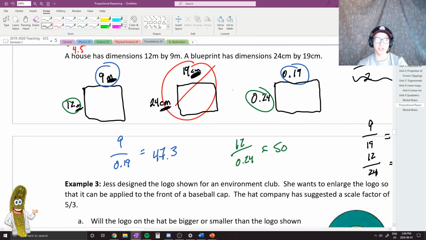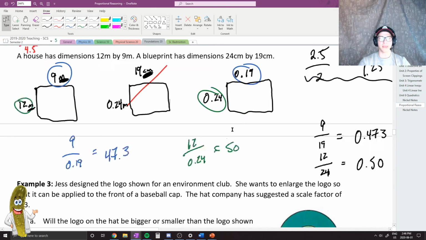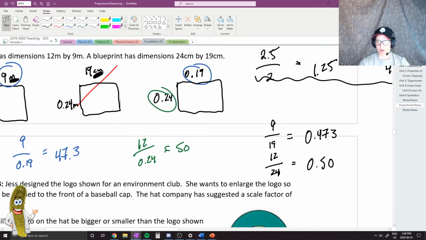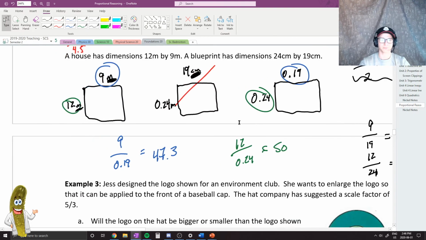Where we can run into issues is, let's say that I only converted this 24 centimeters into 0.24 meters. That's where our scale factor will run into some issues because then we would have been comparing a 0.473 to a 50. Well, those two are clearly off, and that would be a result of our units being wrong.